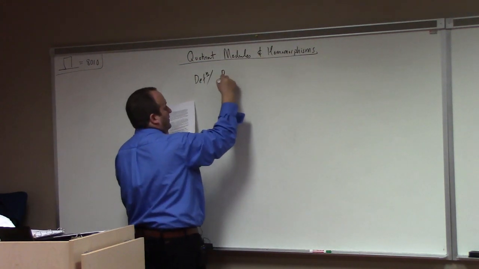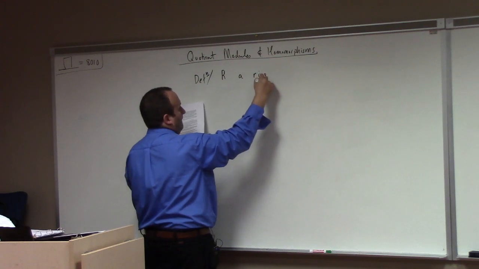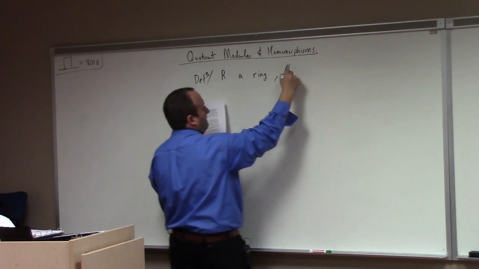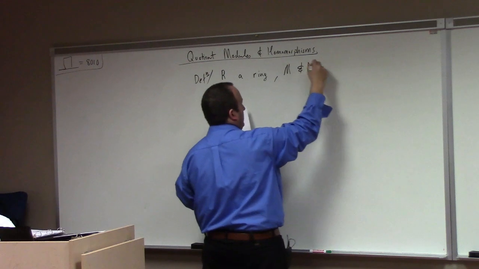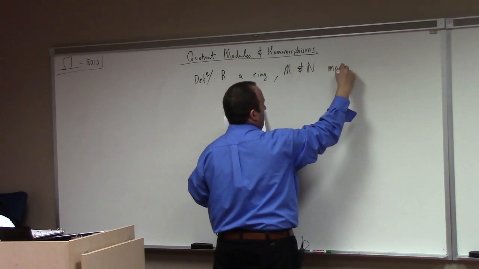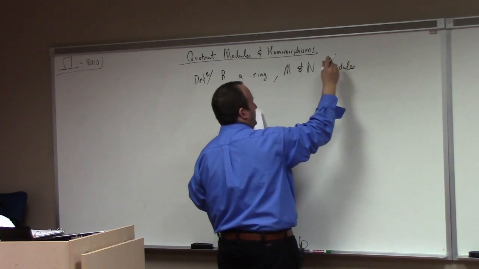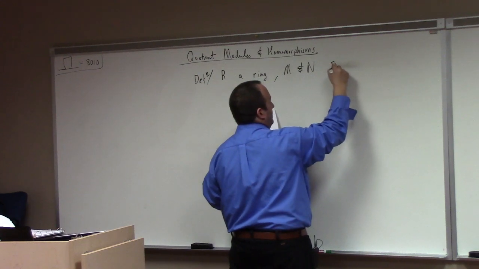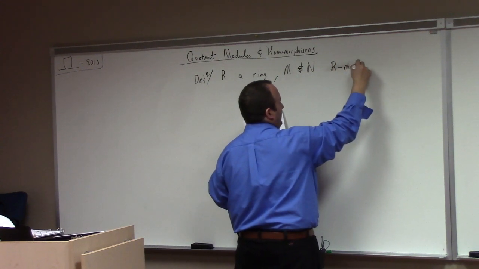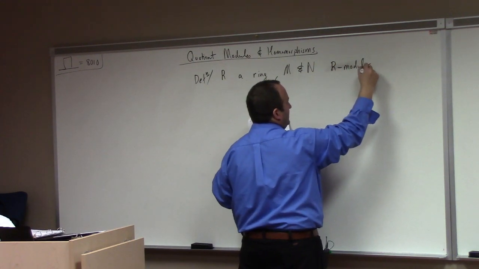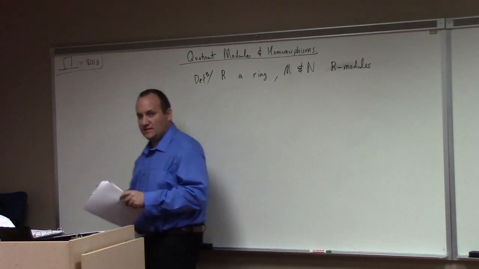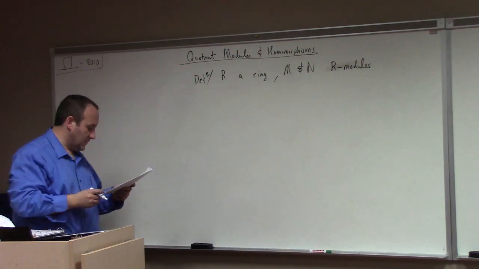So if we have R a ring, and then M and N modules, and to be more specific, R modules. To be more specific still, left R modules, like we defined last time.